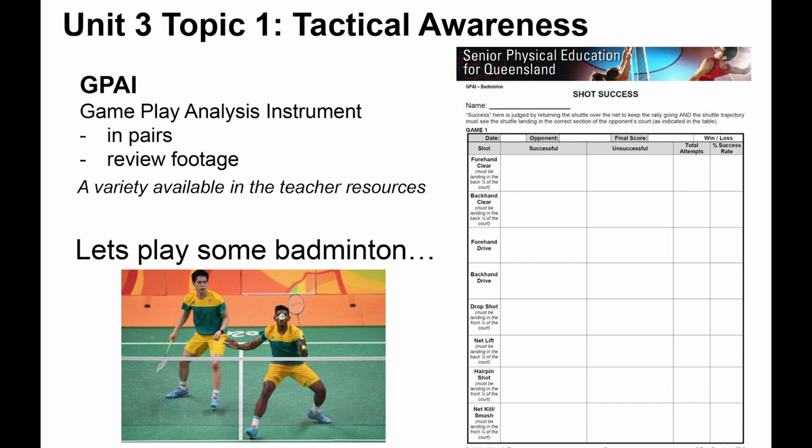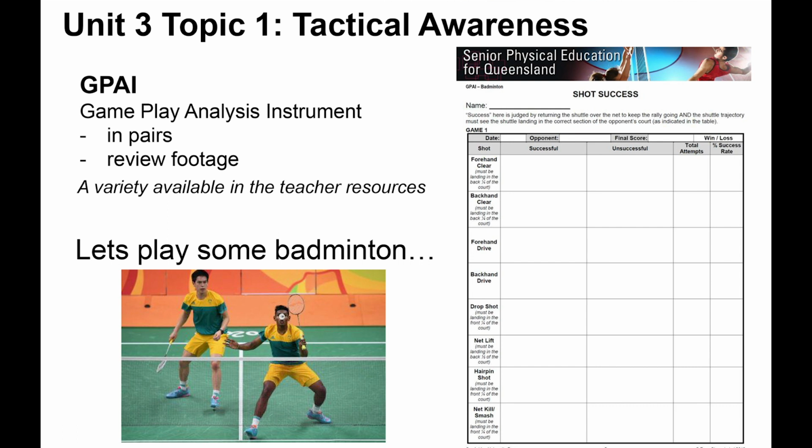So let's play. Now when you start students off with this process, it's quite tricky because, as you will see on your sheet, there's a lot of information here. Can you look at your sheet, because you're the ones who are going to be evaluating what you're seeing. This GPAI is geared up to look at shot success.